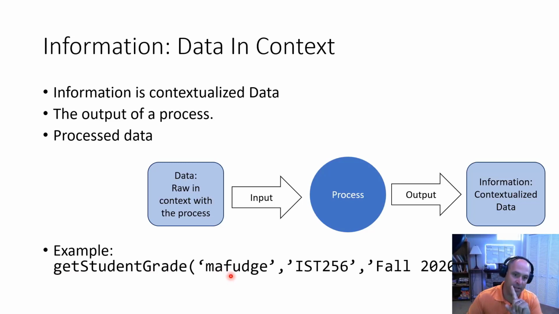It takes the name of the student, the course that they took, and then the term, the semester in which they took it in. These would be the data as input into the process, and then the process would return back a grade, which is now information, because this A minus is not just raw data. It has meaning, it is my grade, Mike Fudge's grade in a course, IST 256, during a semester, fall 2020.